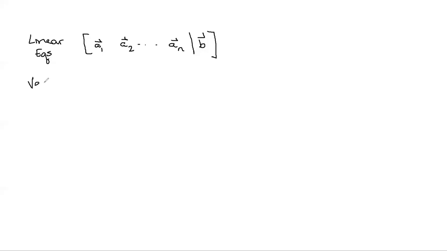In the last video, we talked about vector equations. So the vector equations would look like x1 a1 plus x2 a2 and so on. And if you have a vector equation, then you could set it equal to B, and we'd say B is a linear combination of A1 through AN.